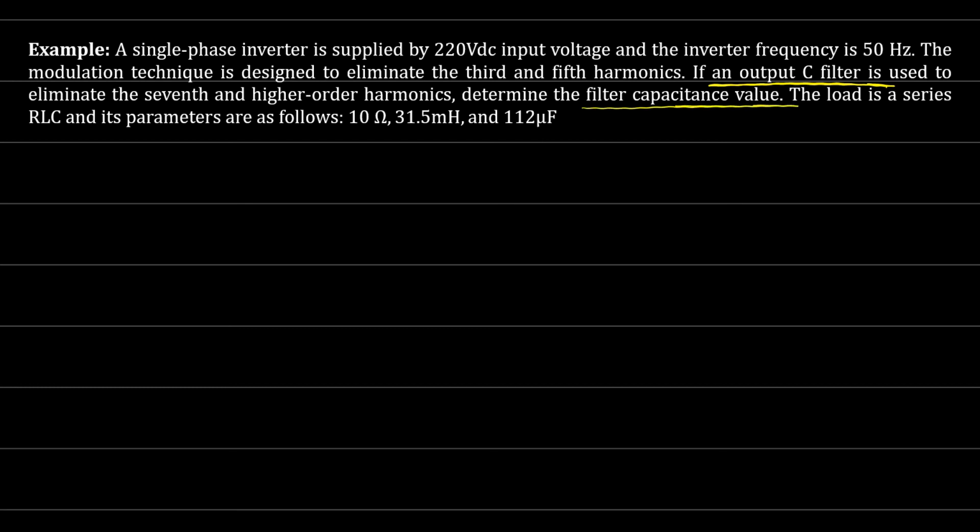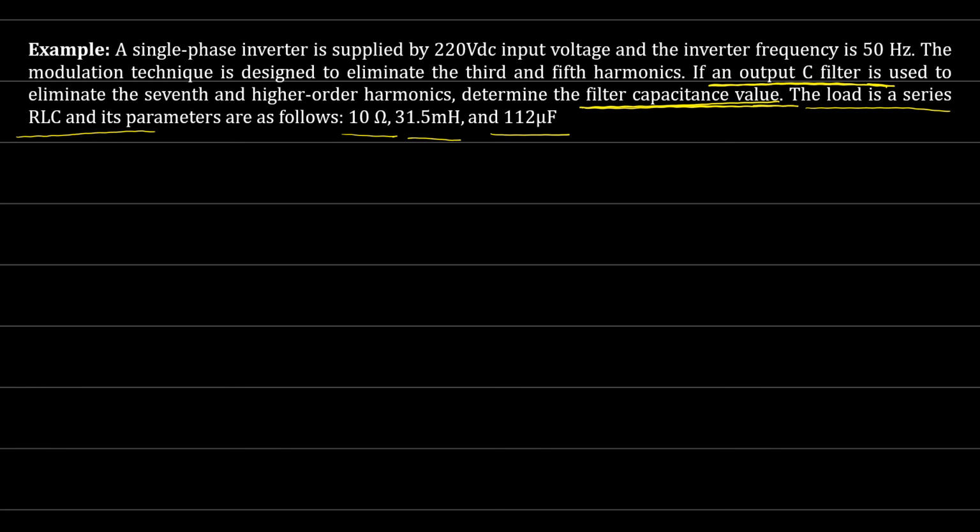value. We need to find the value for the capacitance, and the question gives us the load, which is a series RLC, and its parameters are as follows: 10 ohms, 31.5 millihenry, and 112 microfarad. How to solve this question? What we need actually is to find the output waveform.